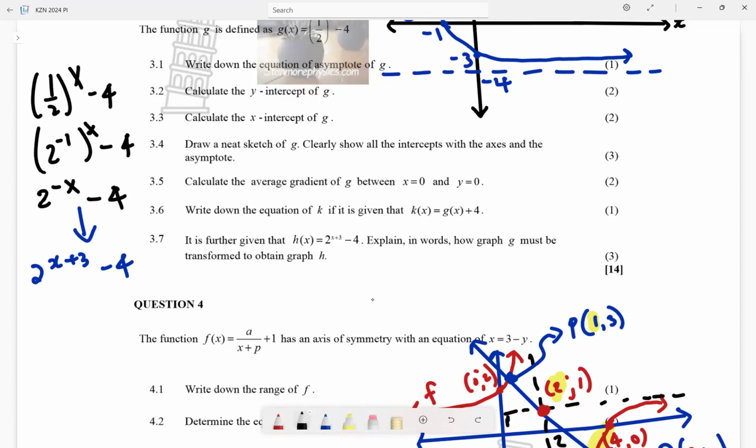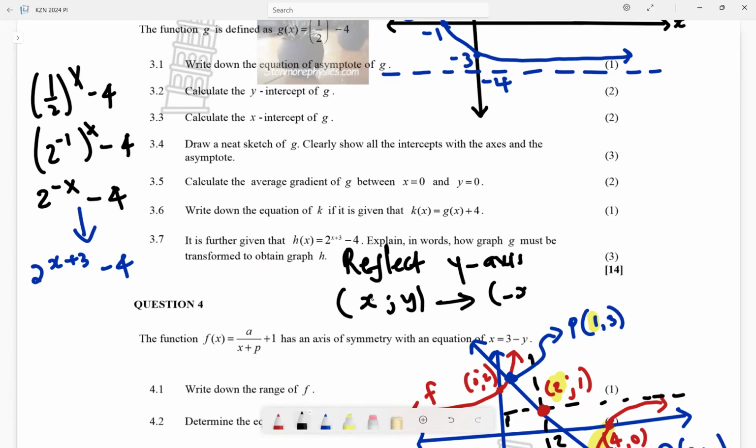Remember, when you reflect across the y-axis, if I have x and y, what will change is the x, but y will remain the same. Can you see, if I reflect across the y-axis, my x will move from being positive to being negative. If it was negative, it will move from being negative to positive.